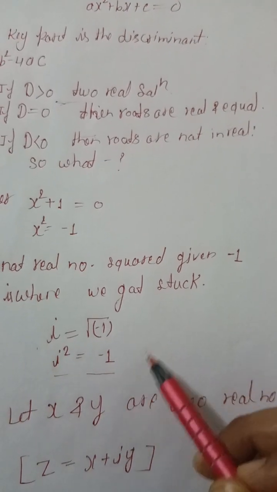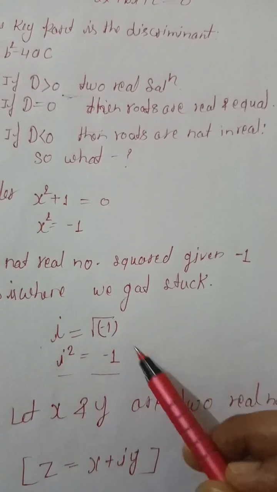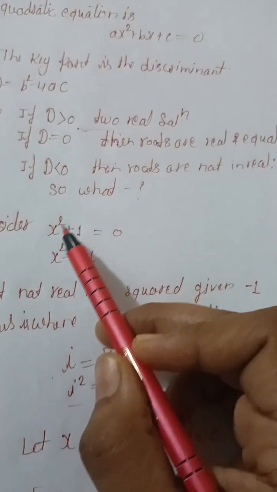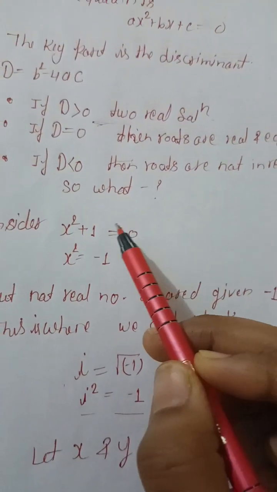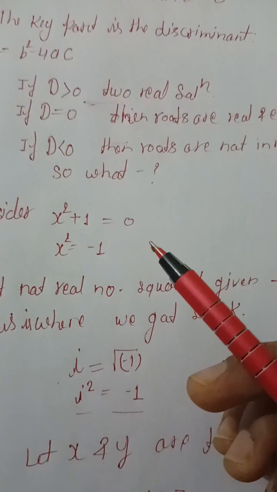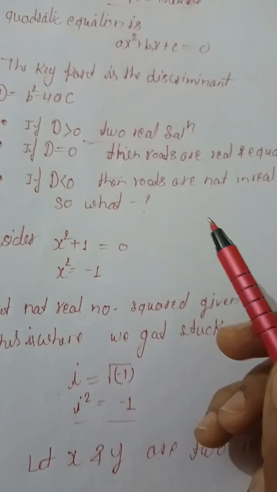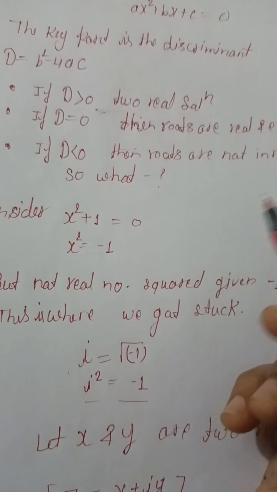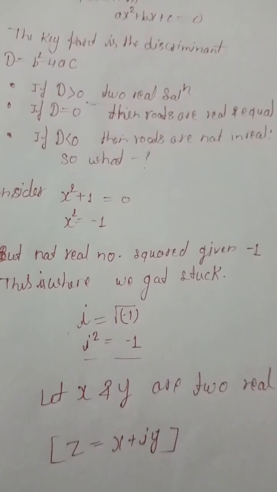With the introduction of this symbol, he was able to discover the unknown roots of this type of equation. It means if D is less than 0, we can further move for a solution in complex, in imaginary numbers, we can say.